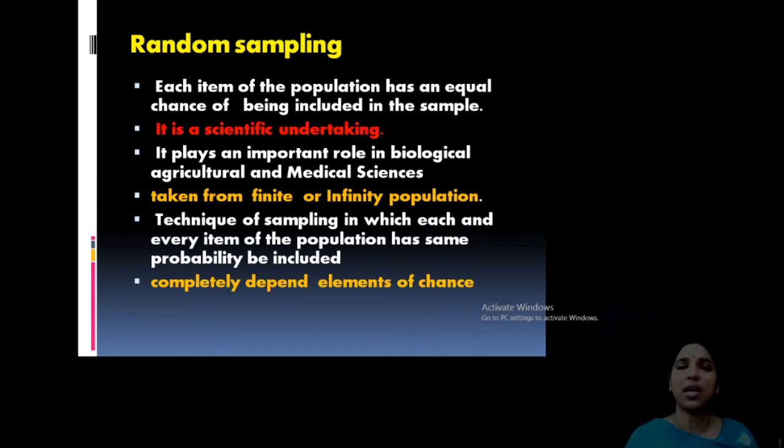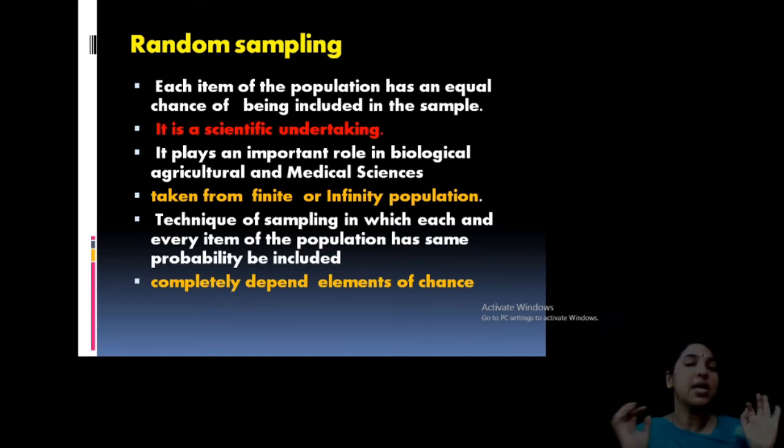That is random sampling. So there are chances of being included. Sometimes Harida may be included in that. Sometimes Aishwarya may be there. Sometimes Anjana may be there. So this depends on what? That's your luck, or you can say the chance, probability. So each item of the population has an equal chance of being included in the sample.